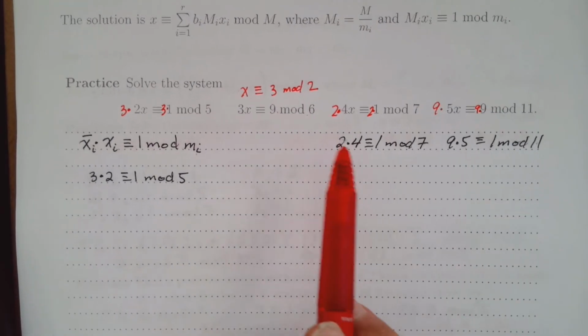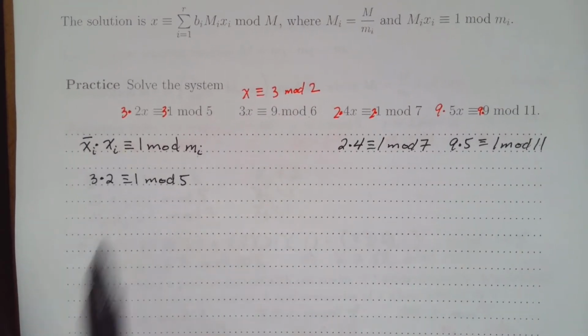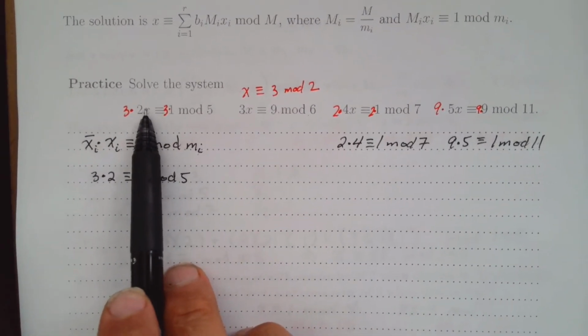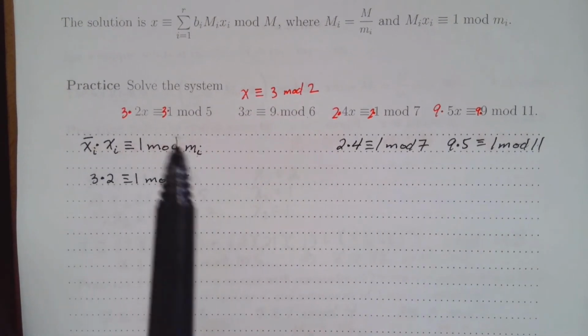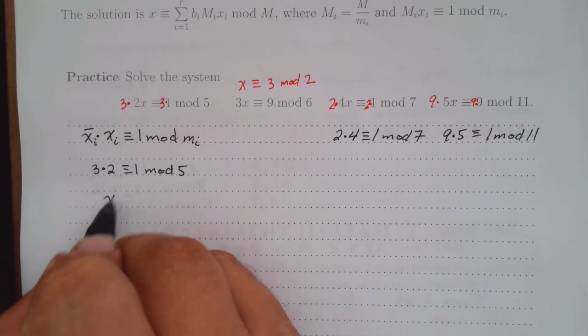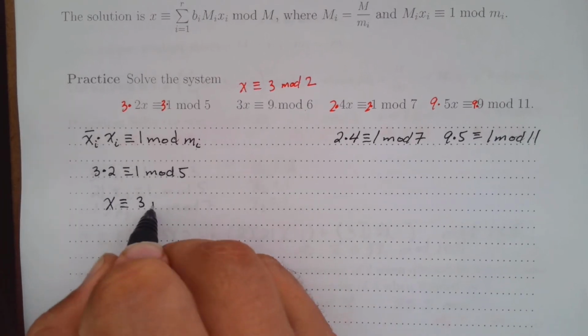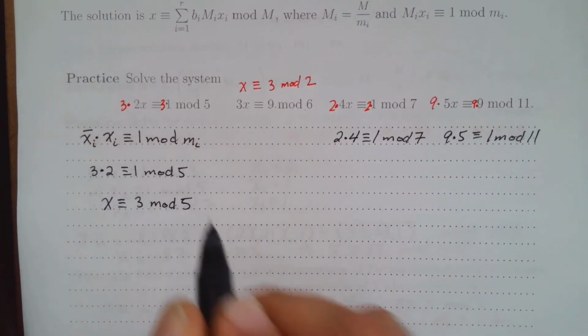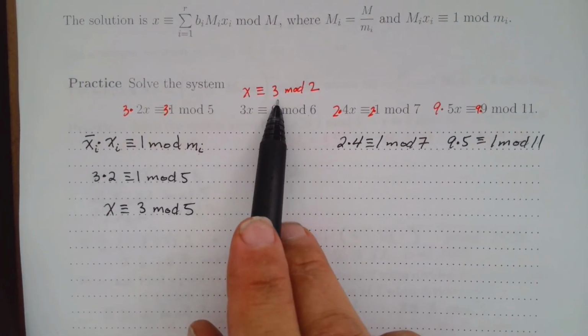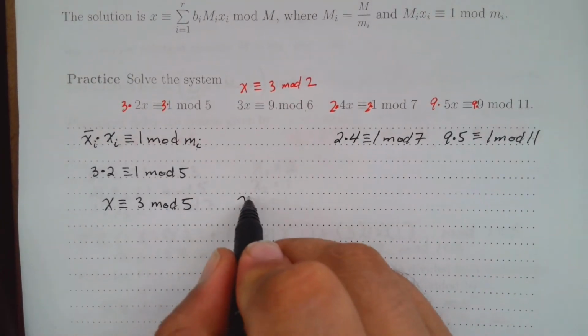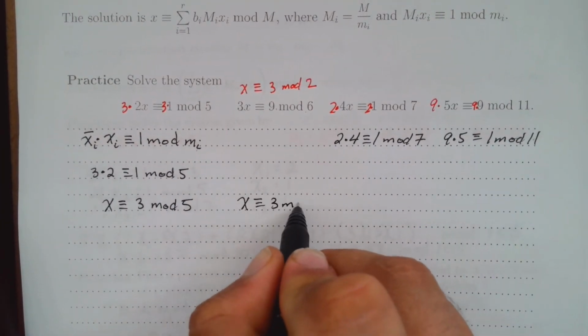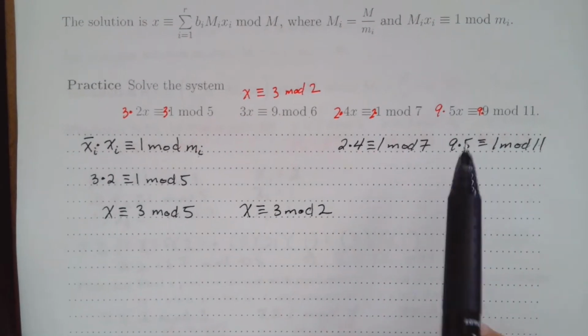Why do I do that? Well, 3 times 2 is 6, and 6 is congruent to 1 modulo 5. So really what I have is x is now congruent to 3 modulo 5. This one is already written in the form that we like, so x is congruent to 3 modulo 2. And that's fine.